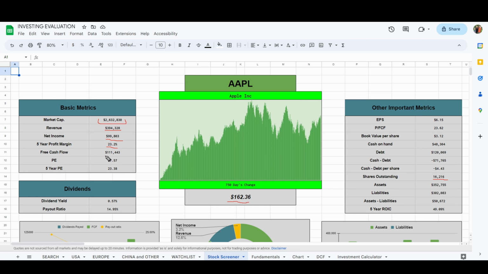Now, the free cash flow is also a very important metric. It is used in many of the valuations, or discounted cash flow valuations, that a lot of investors use, because free cash flow is a very good metric. It basically measures all the cash that the company has gotten over the past year.